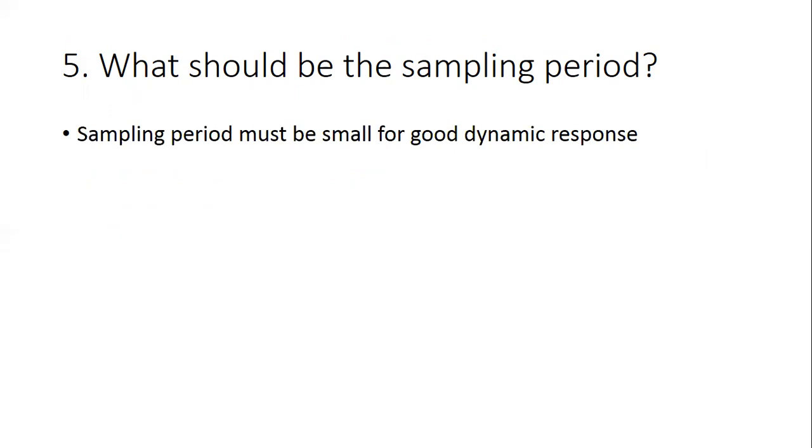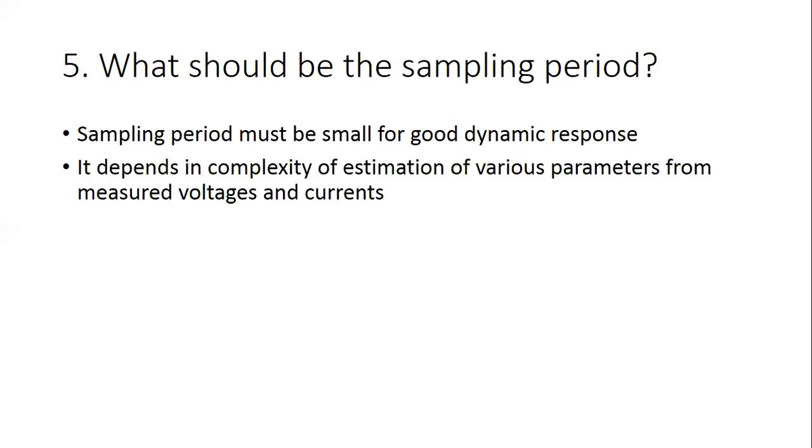But is it possible, in real time, to complete all the different measurements of voltages and currents, and all the different calculations of stator flux and torque from those measurements, within 1 microsecond? If yes, then only can I keep 1 microsecond as the sampling interval. Within the sampling interval, all these estimations must complete.